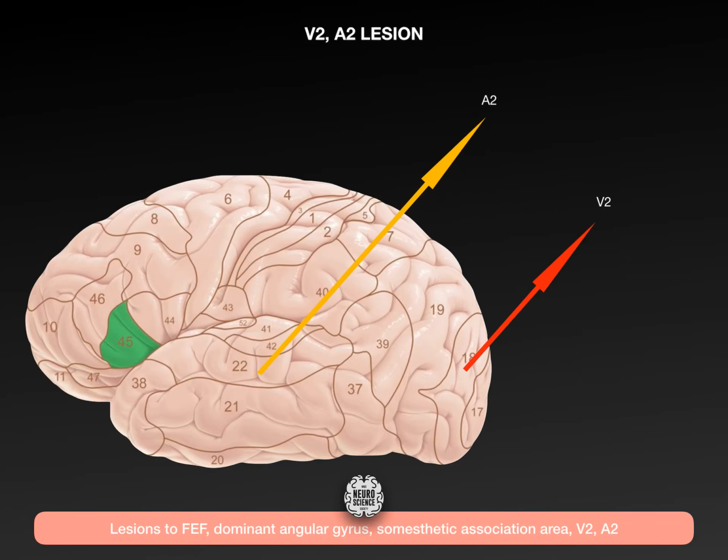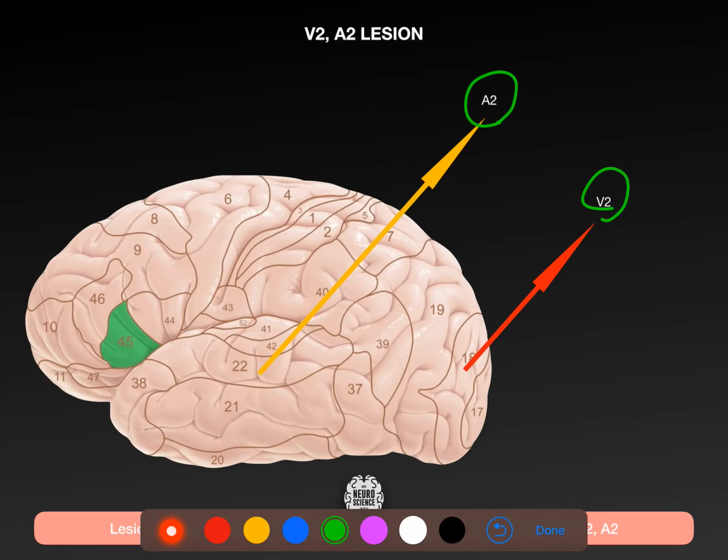So, V2 and A2, these auditory lesions, and you can imagine what the deficiencies are, right? It's a neglect syndrome as well, in which they can hear it, but they're not attuning a sense of importance to it.